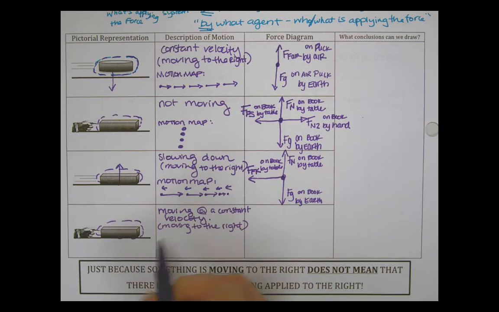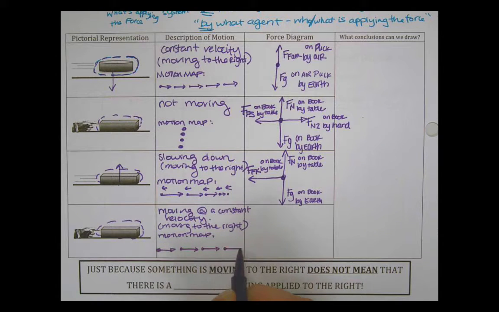If I were to draw a motion map, we would again see constant velocity to the right the whole time. But this one's different than the first scenario because I was pushing it to the right. So it wasn't just in motion. I had to consistently push on it to keep it in motion.